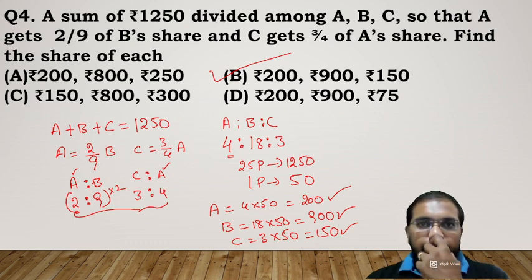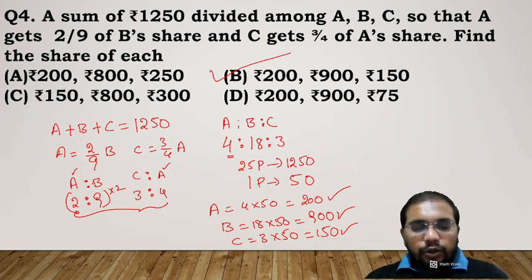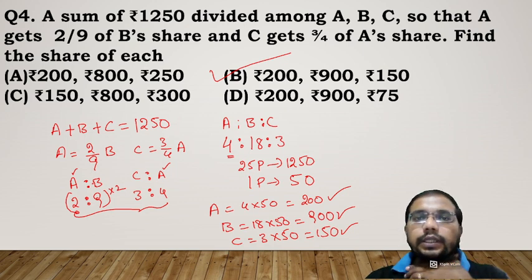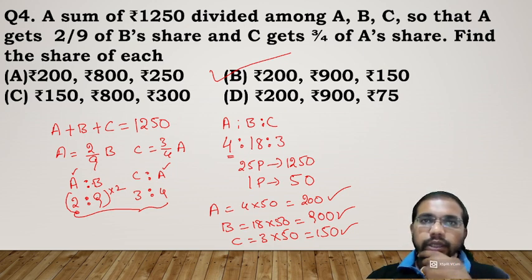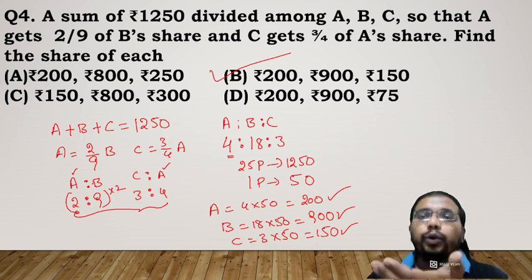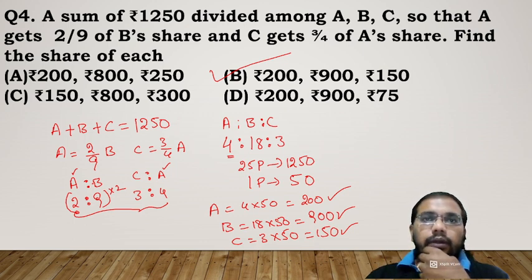Am I clear? Sir, without solving, can we solve this question? That means without writing all these values, can we solve this question? Yes, you can. How is it possible? Check once. You don't need to write all these workings.